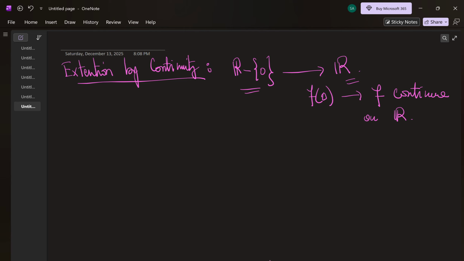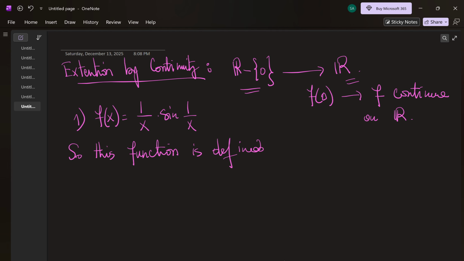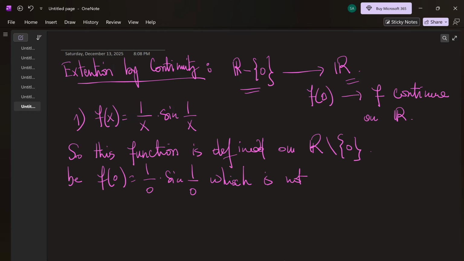In this case we have four functions. The first function is f of x is equal to 1 over x sine 1 over x. So this function is defined on R minus 0, because f of 0 is equal to 1 over 0 sine 1 over 0, which is not defined.